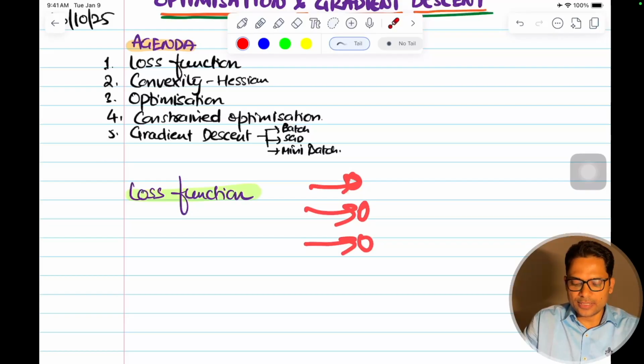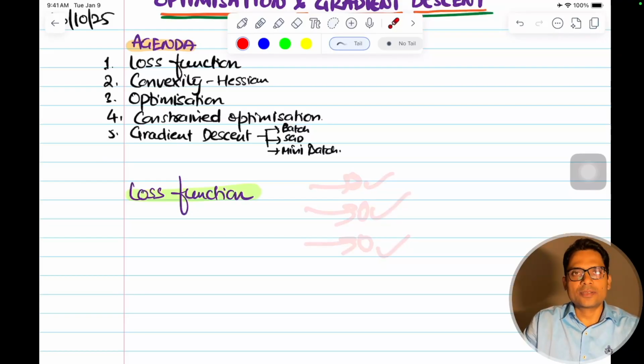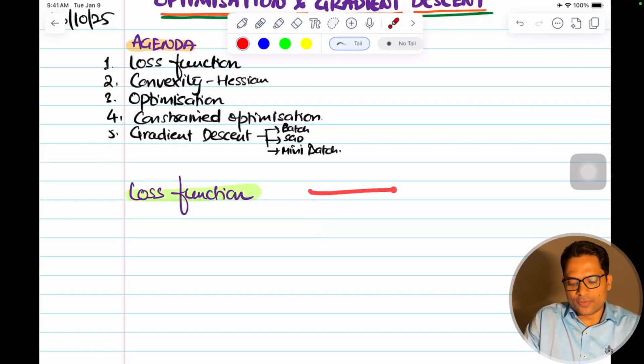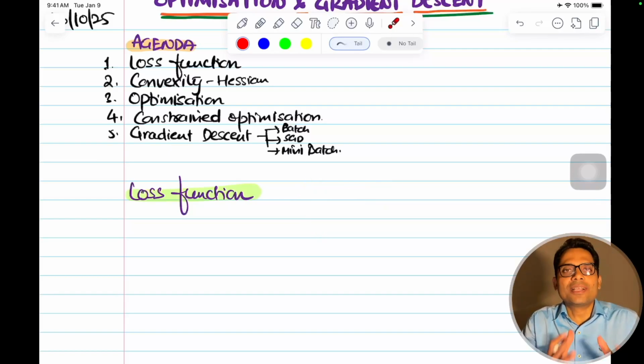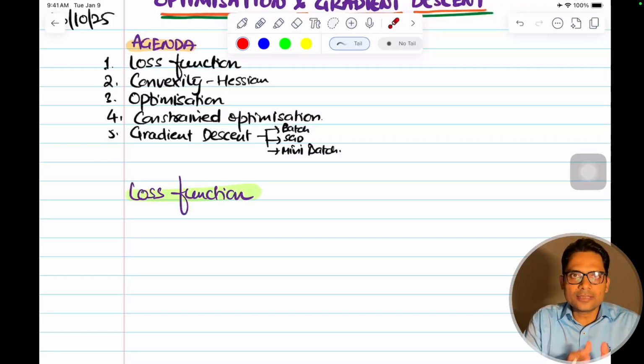So each data is a unique data point. If we know what mistake it is making on one data point, and we can somehow quantify that error, then we can take an average over the complete data set, but first the unit is a single data point. How to quantify that error?